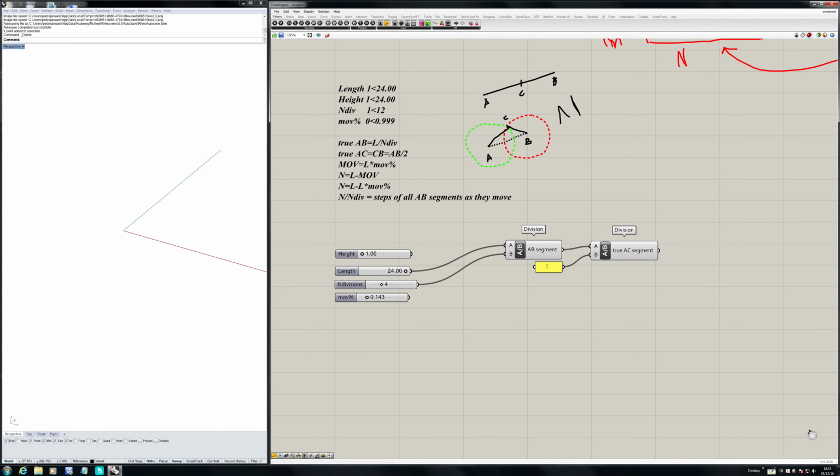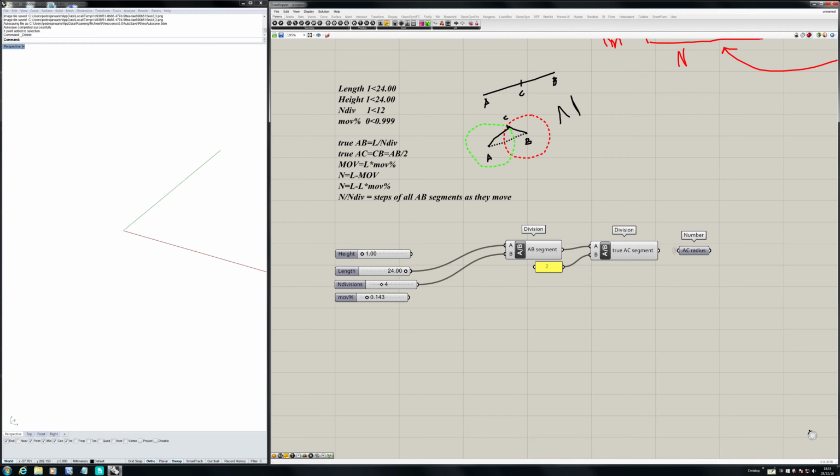So parameters, number, AC radius. Okay, I'm going to store it here, and I'm going to make this hidden so I can use it later. Okay, perfect. Now I have to do this, so this part is done.